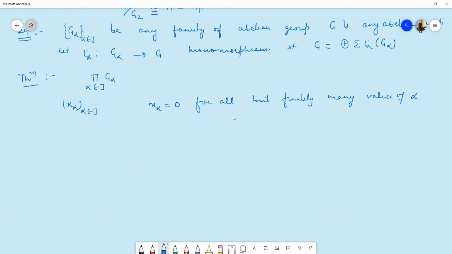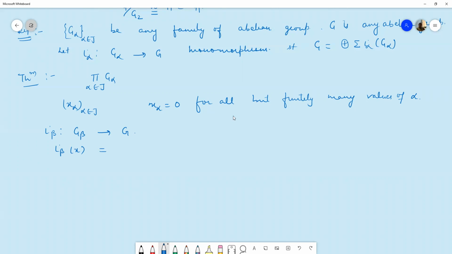Now, given any index beta, we define I beta from G beta to G by letting I beta x be the tuple that has x as its beta coordinate, and 0 as the alpha coordinate for all alpha not equal to beta. So I beta of any x in G beta.